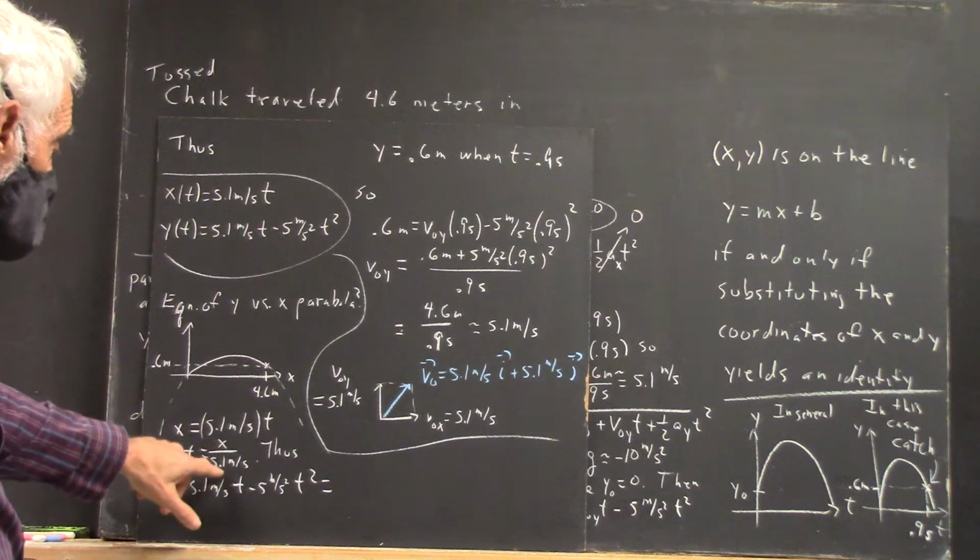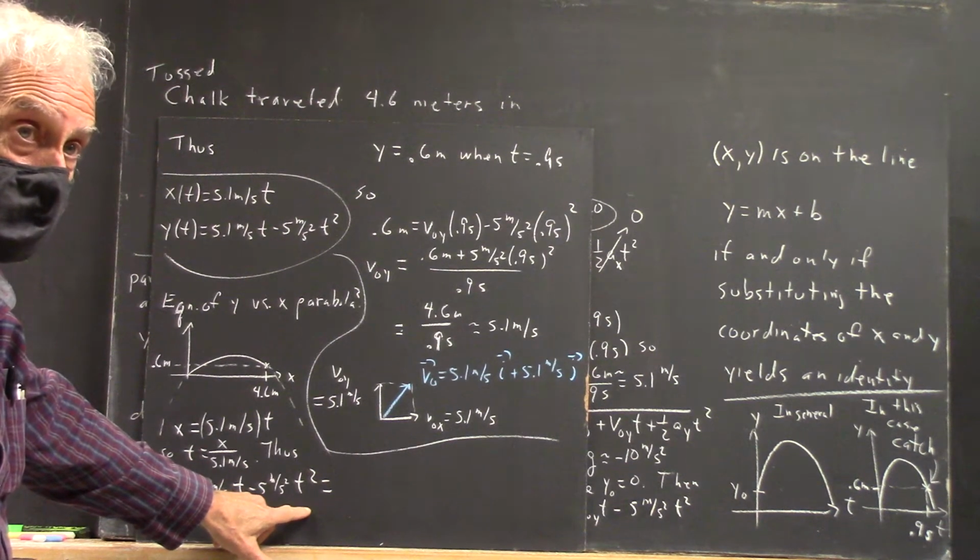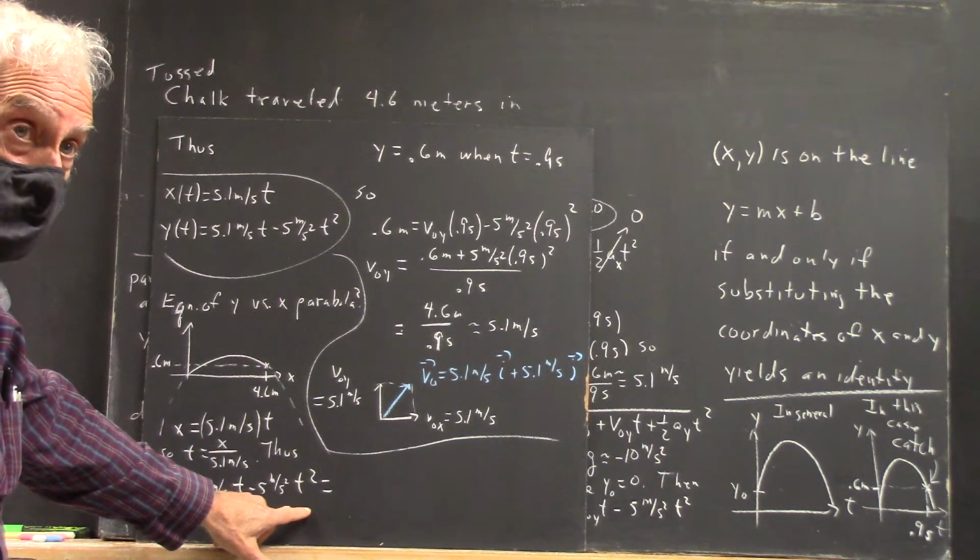So we substitute x over 5.1 meters per second for t, and we get y as a function of x, right?